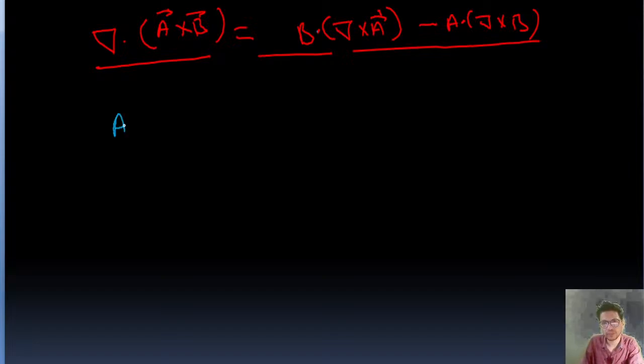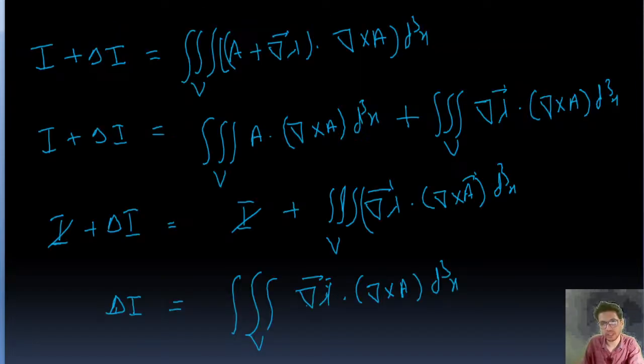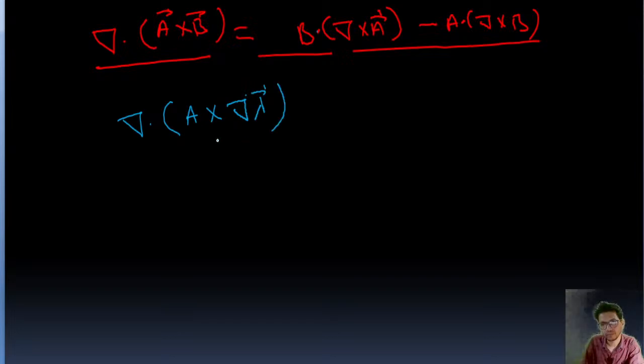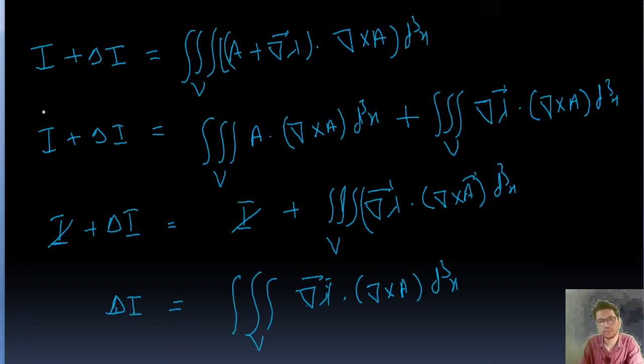Here A is A and B is gradient of lambda, we can write.